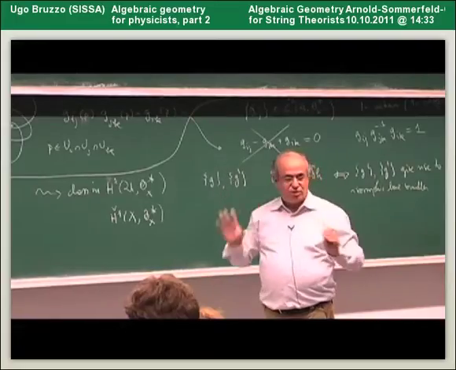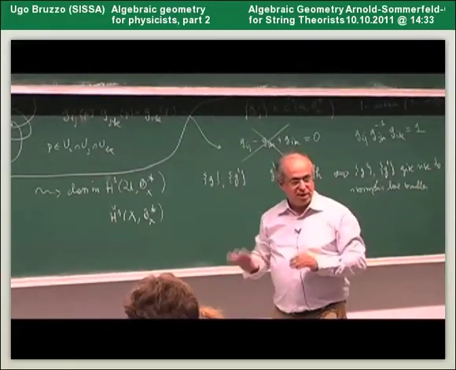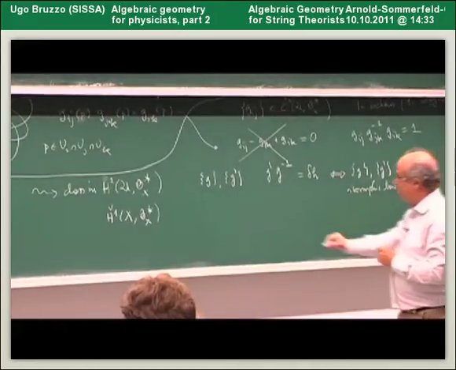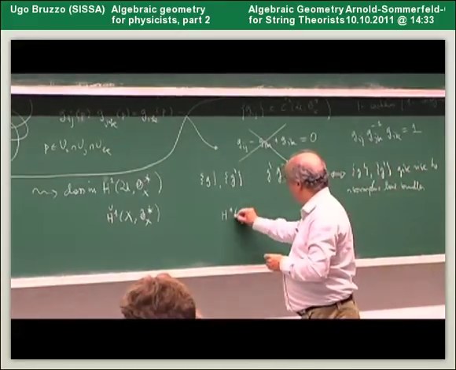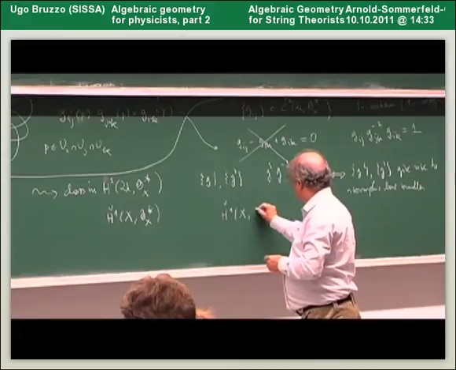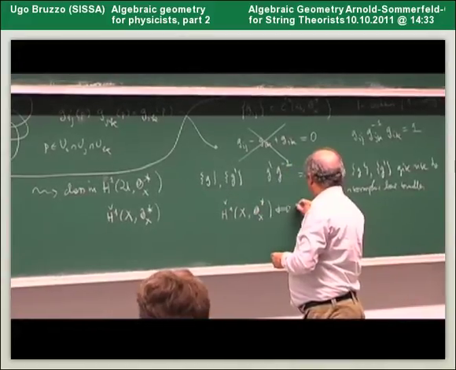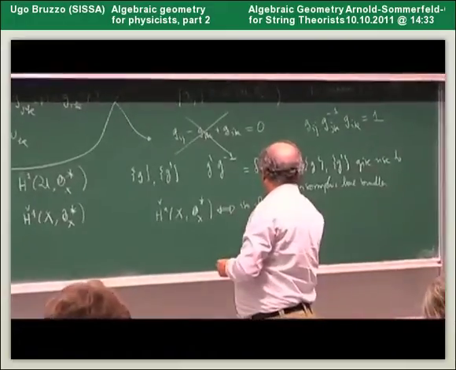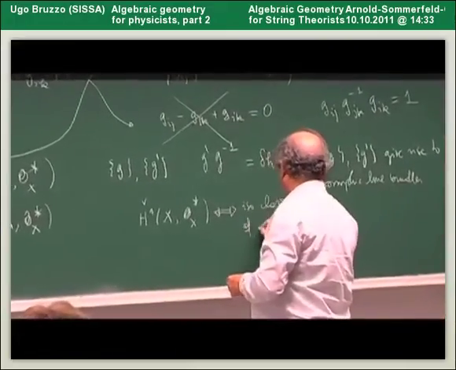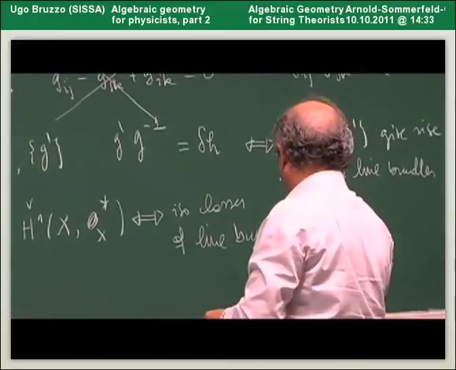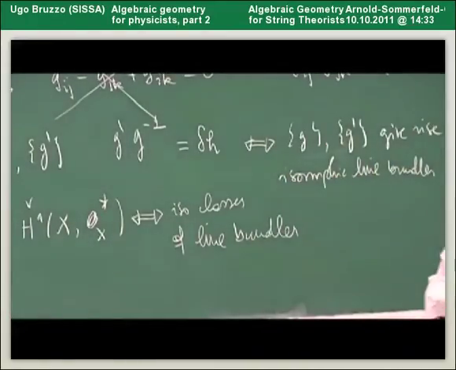Okay, so at the end of this story, what I want to use now is the fact that there is a one-to-one correspondence between this group and isomorphism classes of line bundles. Of course, I didn't say what an isomorphism of line bundles is, but I'll leave this to your imagination.